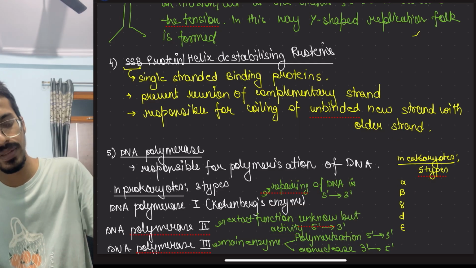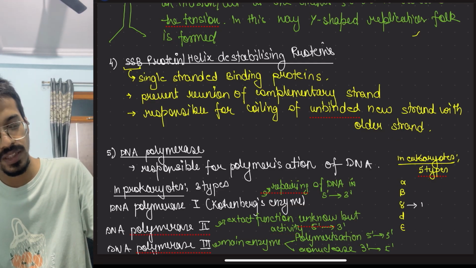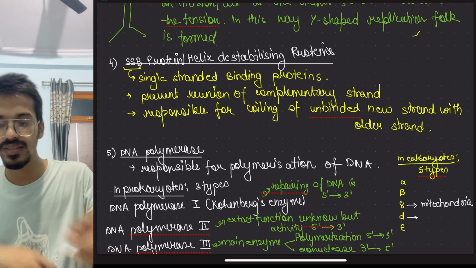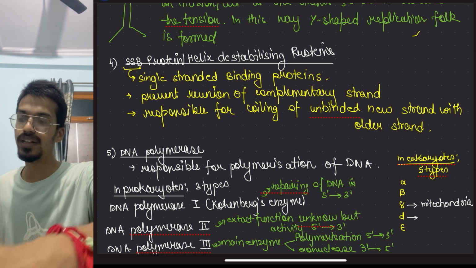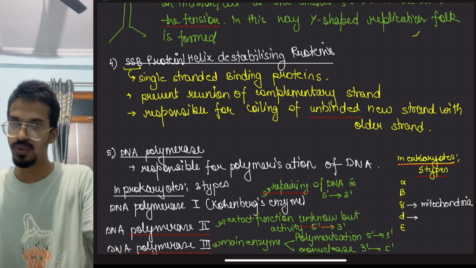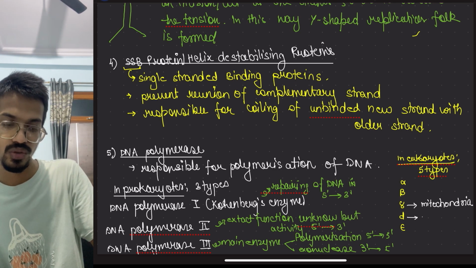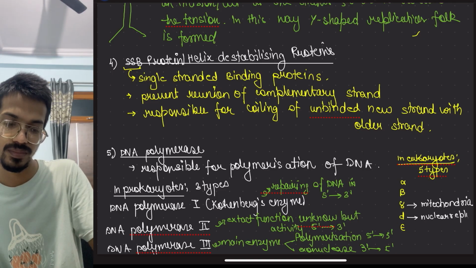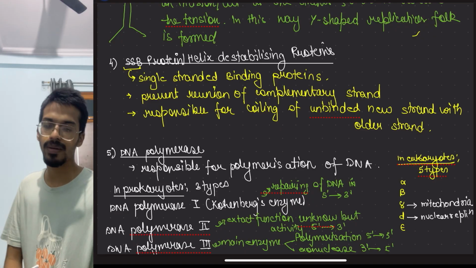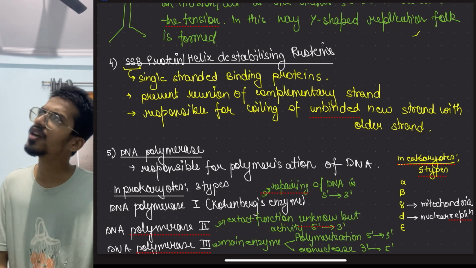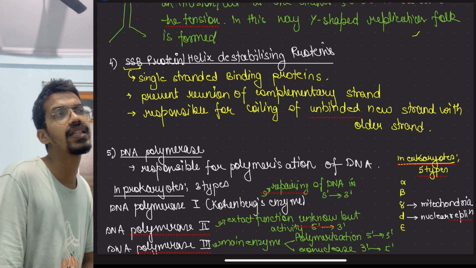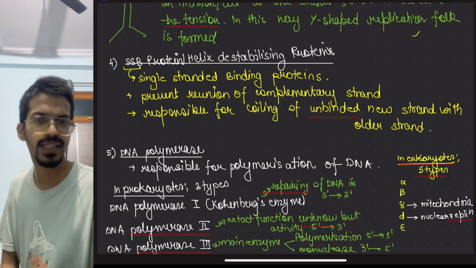You have to remember that gamma is for the mitochondrial replication, and delta is the one used for the nuclear replication. That you have to remember. Alpha, beta and epsilon are not of our concern.